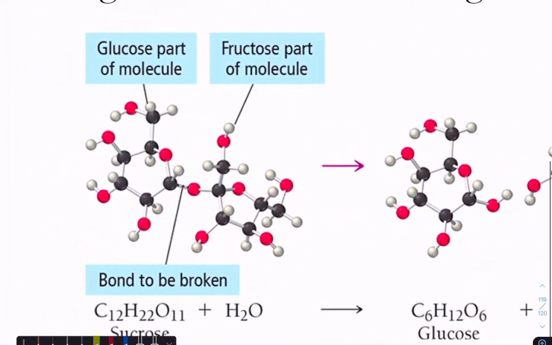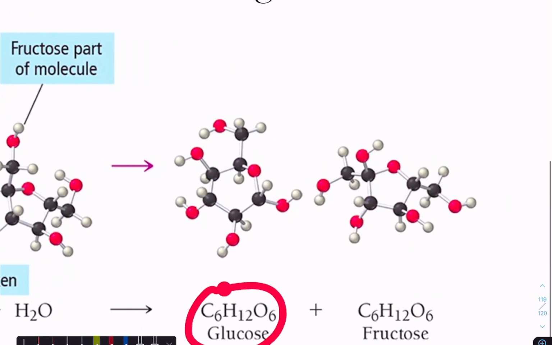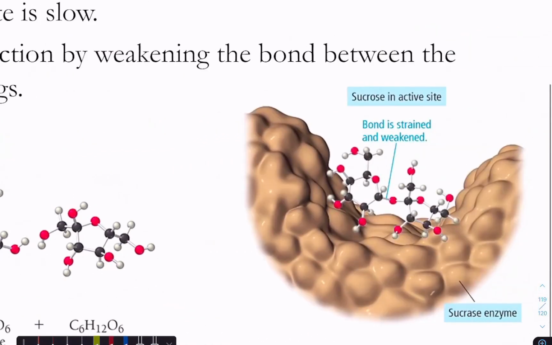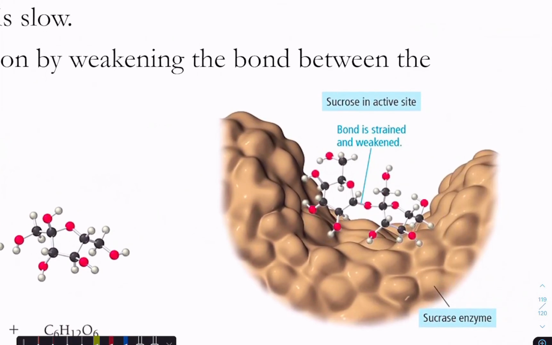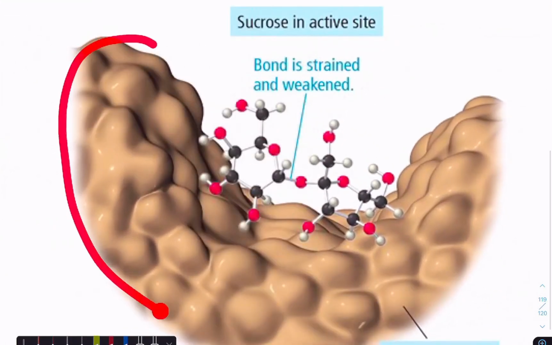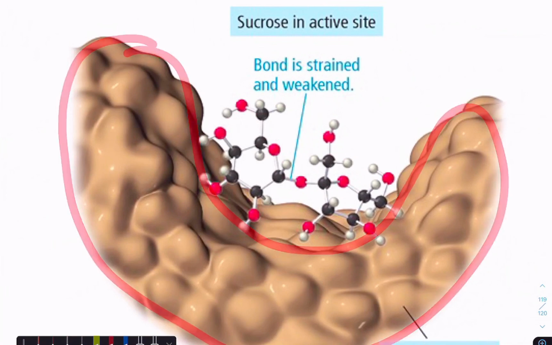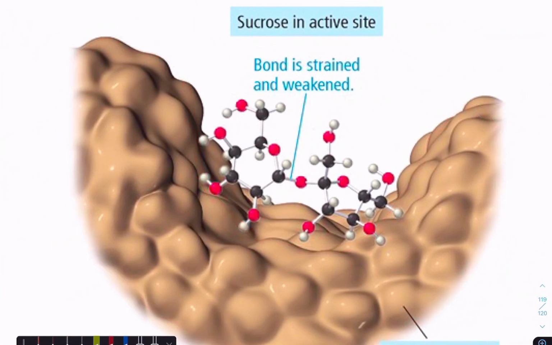Zoom in on that. So this bond right here between what would be glucose and what would be fructose, it strains that bond so that they can be cleaved into glucose and fructose. And of course, this is drawn as a huge blob because it's a giant, complicated protein.